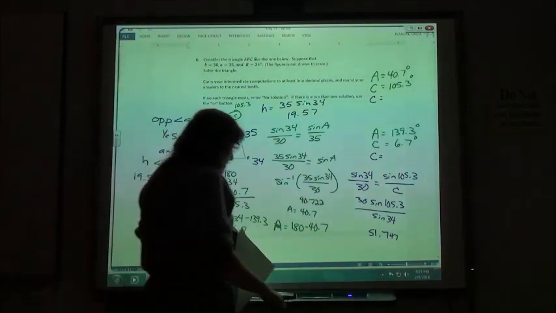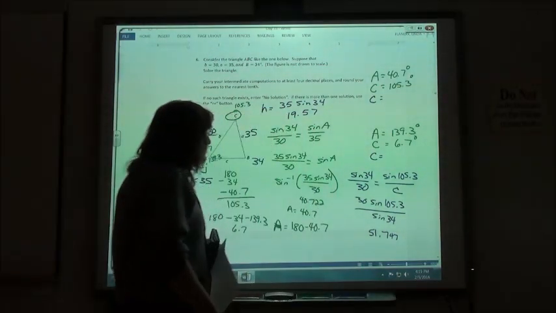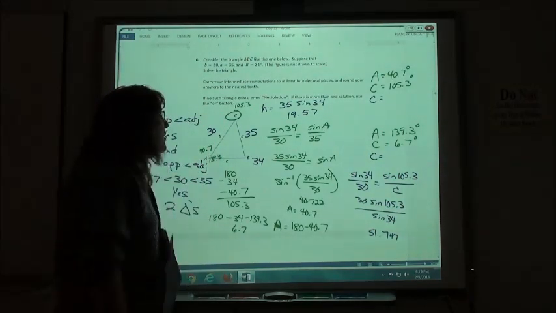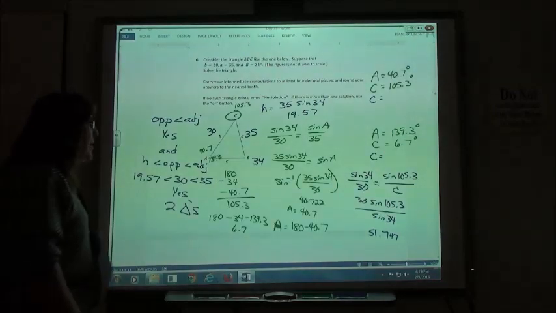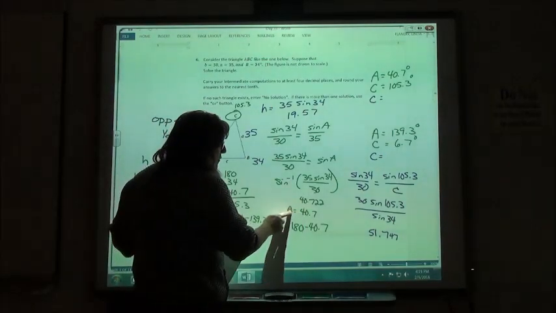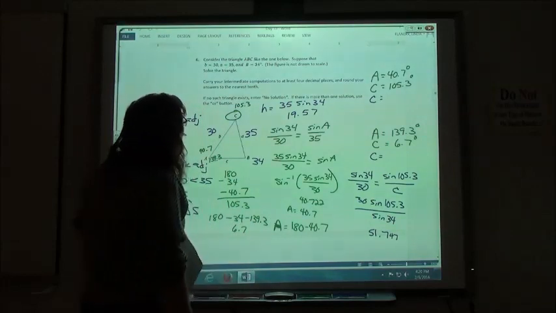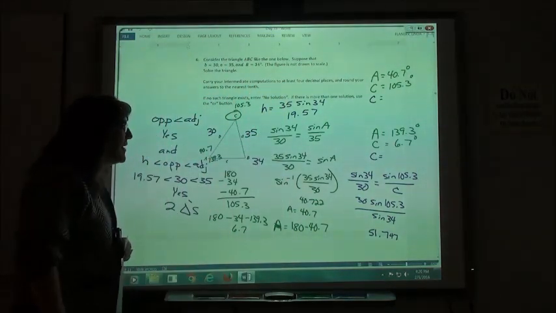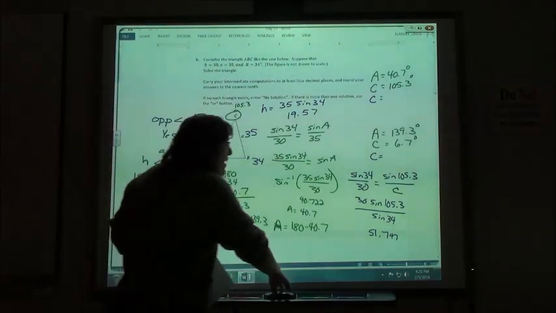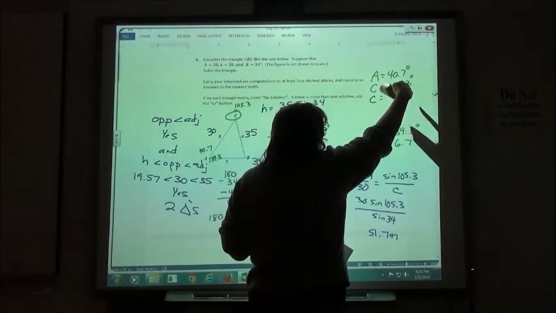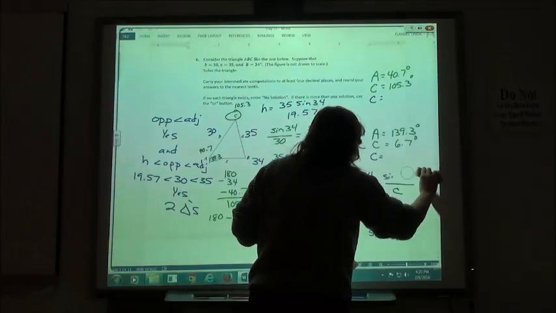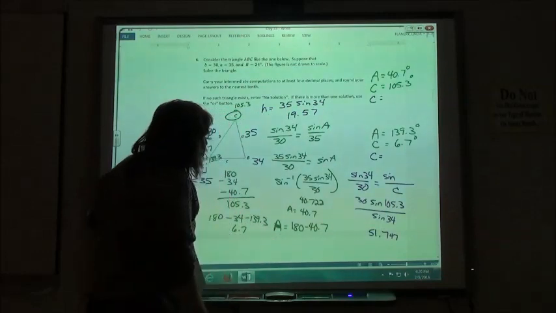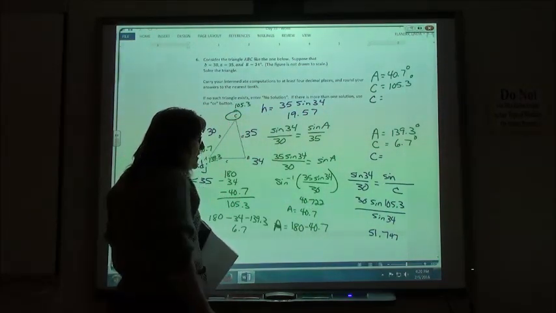Why that didn't come out right. I came up with a rounding error. The reason I got a rounding error is because I used the rounded off angle here. If I would read my directions, it says to carry your intermediate computations to 4 decimal places, so that when you're doing your calculation, instead of using the rounded off answers up here, I have to use my answer, and I should have carried it to 4 decimal places.